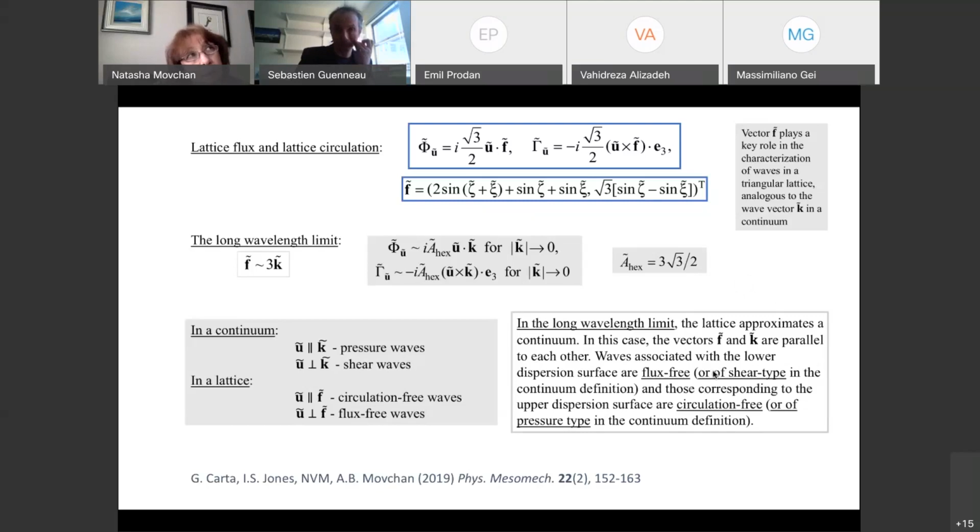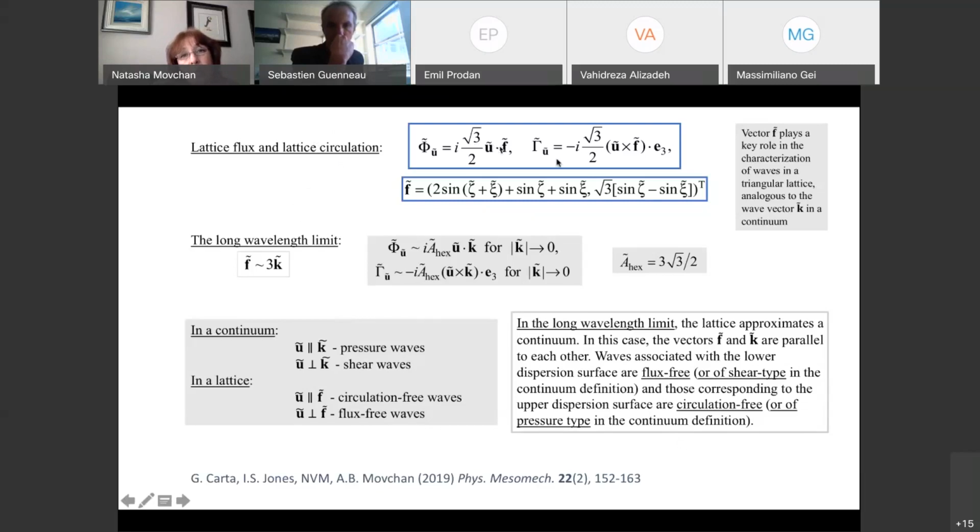What we wanted to do was find whether there is any quantity which could be used in a case when the modulus of k is not small. And we came up with the notion of the lattice flux and lattice circulation, which are similar to the notion of flux and circulation in the continuum, but applied to a lattice.